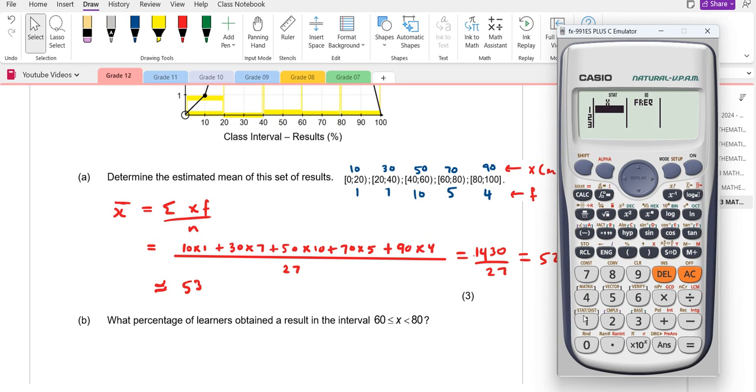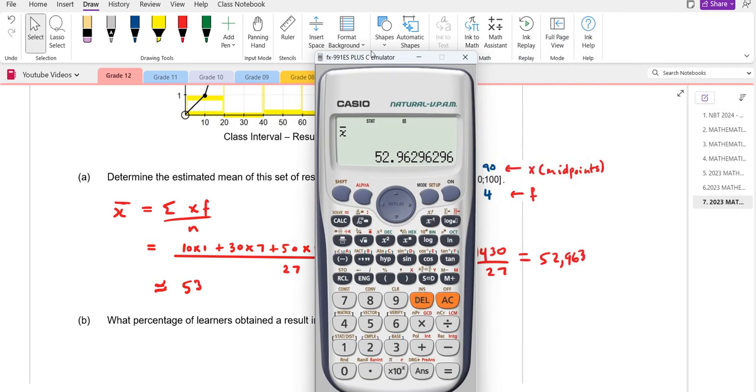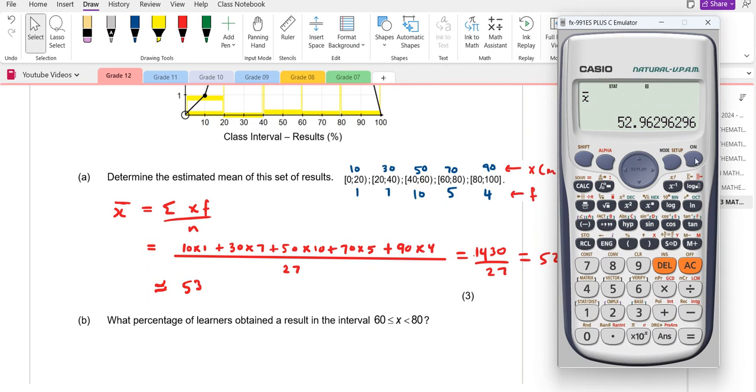The x values are 10, 30, 50, 70 and 90, and the frequency values are 1, 7, 10, 5 and 4. Go to shift 1, go to var option number 4 and press option number 2 for the mean, and I'm getting 52.963, which is approximately 53.